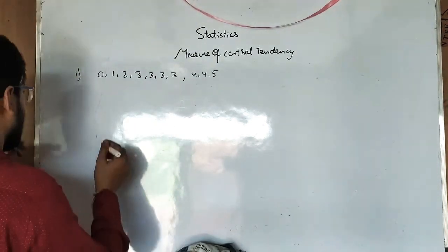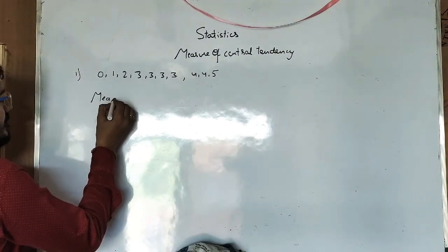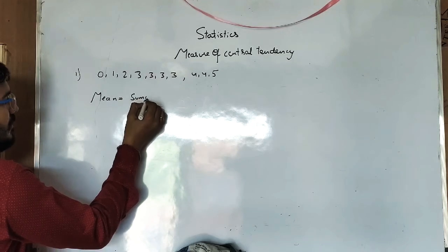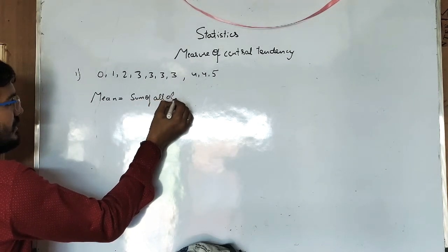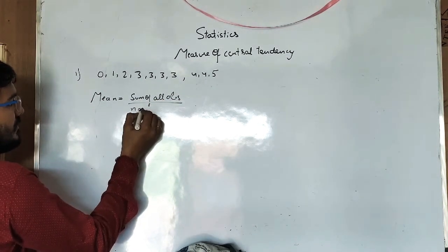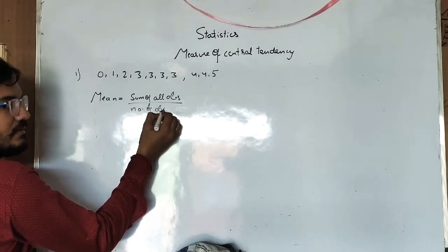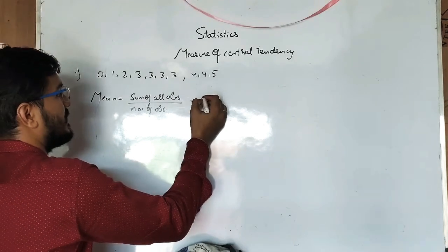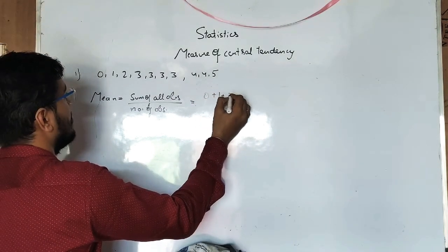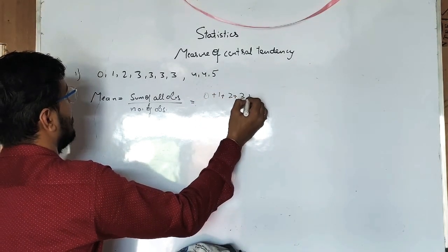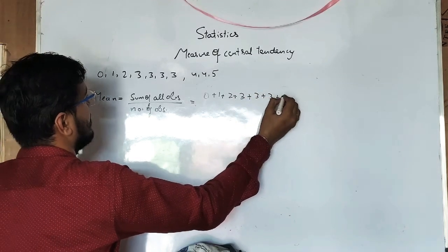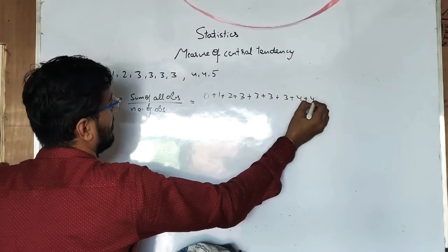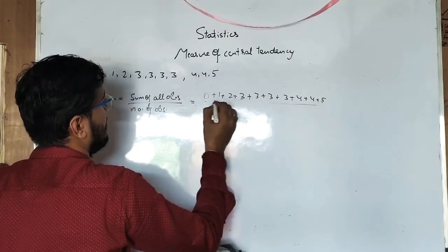The mean formula is simple: sum of all observations upon number of observations. For the sum, in place of commas just put plus signs: 0 plus 1 plus 2 plus 3 plus 3 plus 3 plus 3 plus 4 plus 4 plus 5, divided by 10.